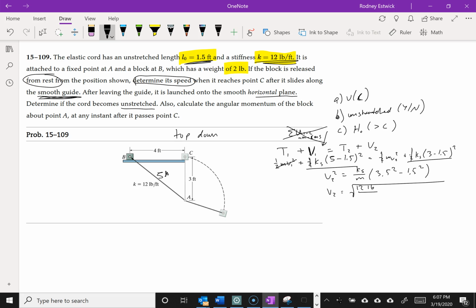It's going to be divided by the mass, which is 2 pounds, and 32.2 feet per second squared, times 3.5 squared minus 1.5 squared. All right, that turns out to, we do our units, pounds go away, we end up with, where are my units? How do my units come out on this?